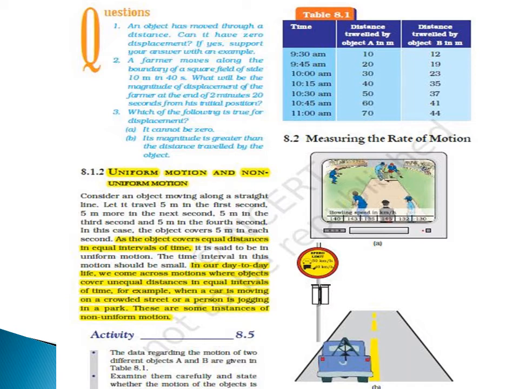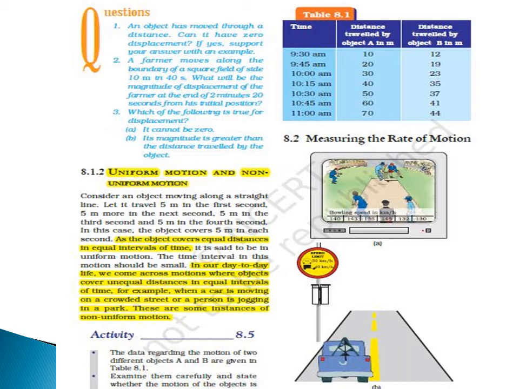In this case, the object covers 5 meter in each second. That is, the distance covered by this body in each time interval is 5 meter. That is, the distance is equal, and again the time interval is equal, which is 1 second. So if these two things, that is the distance covered and the time interval, are same, then we can say that the object is having a uniform motion.